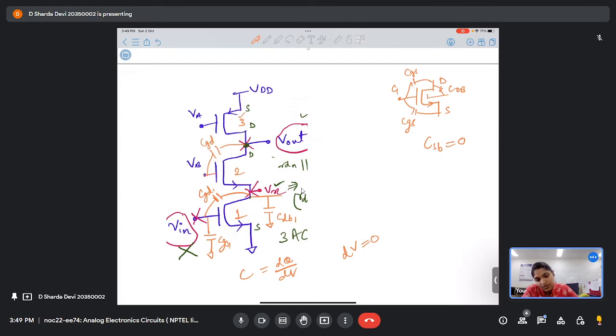Yes, it will be there, no? Why? Because one node is an AC node, the other might be grounded. So it will come from Vout to ground. It will come like that. Now what is the situation with CDB? So let's say we have shorted the body. Okay.